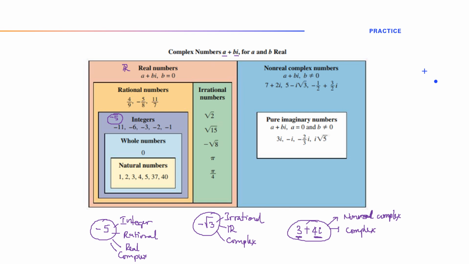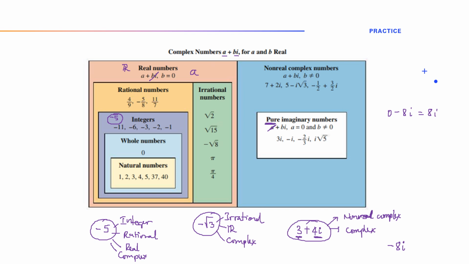Okay, let's do negative 9i. You can see that negative 9i only has the imaginary part. The real part is 0. Minus 9i, right? When you don't see any part, just like a real number lacks the imaginary part, it's only a. For pure imaginary numbers, you don't see the real part, only the bi.